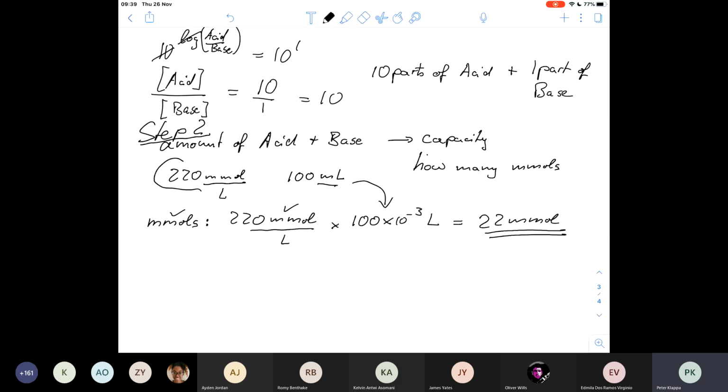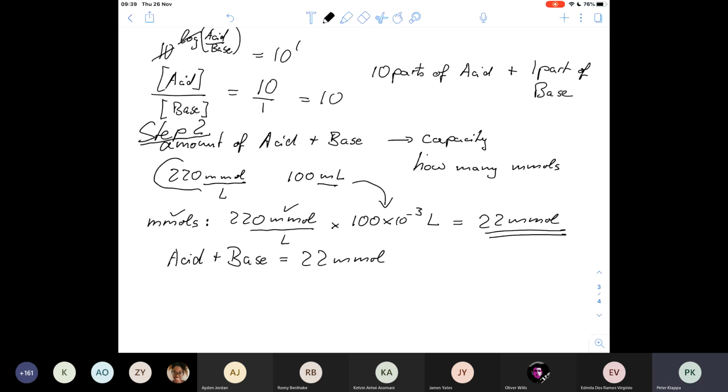We calculate from the capacity how many millimole of acid plus base equals 22 millimole. That is what we need.